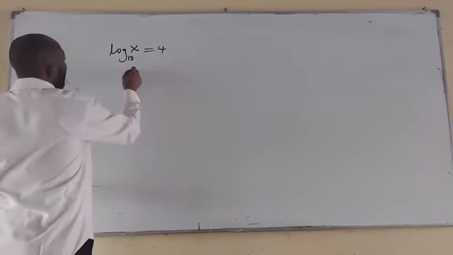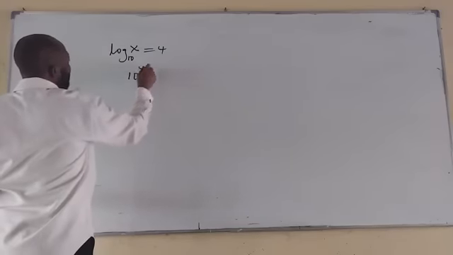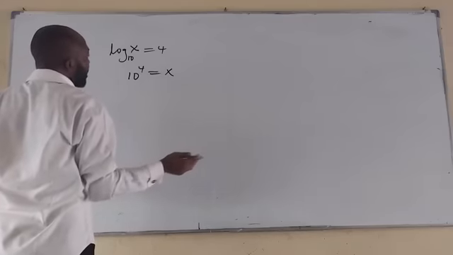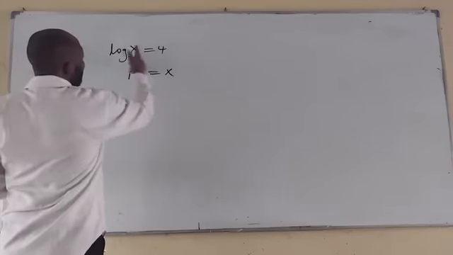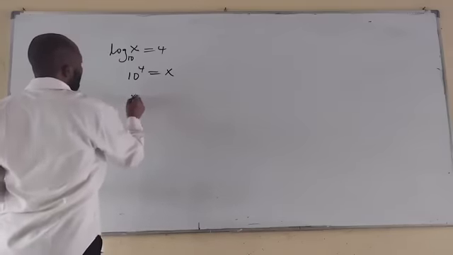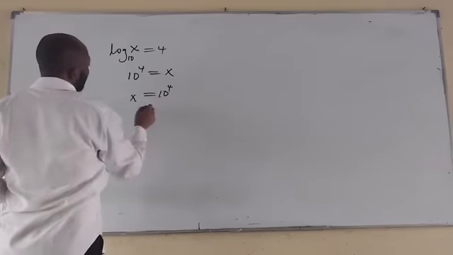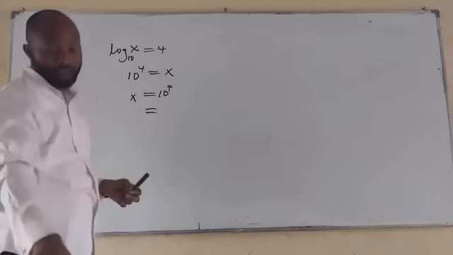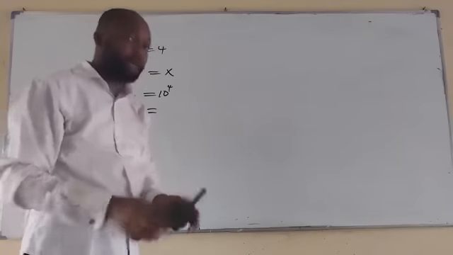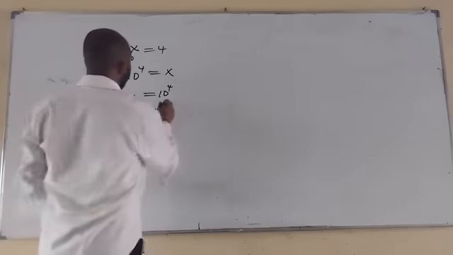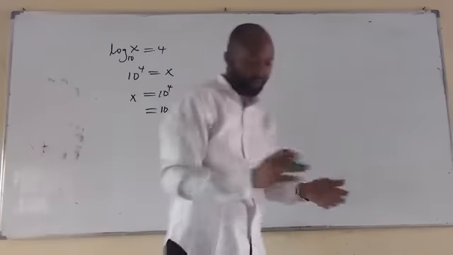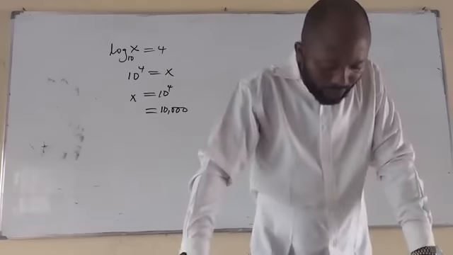So this becomes 10 raised to the power 4 is equal to x. And 10 raised to the power 4 is what? That's a big number. 10 raised to the power 4 is 10,000. So x is 10,000.